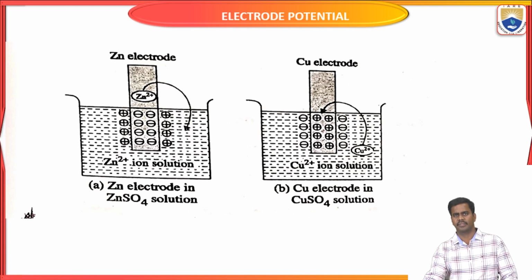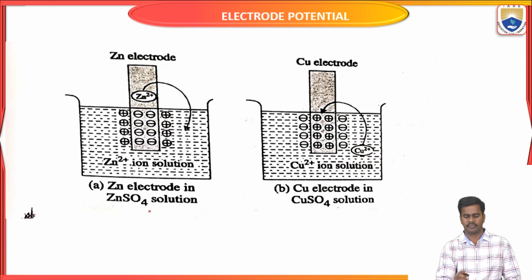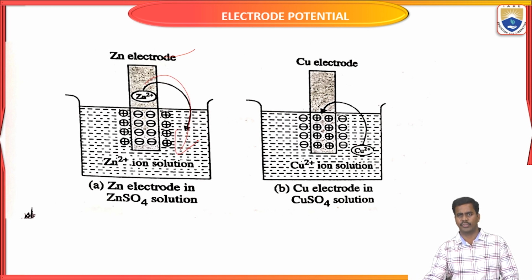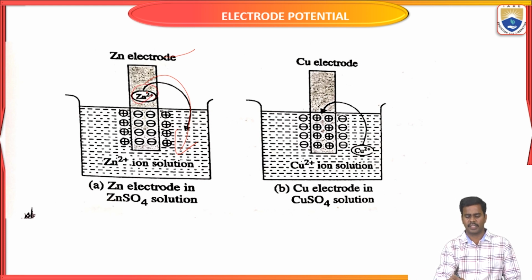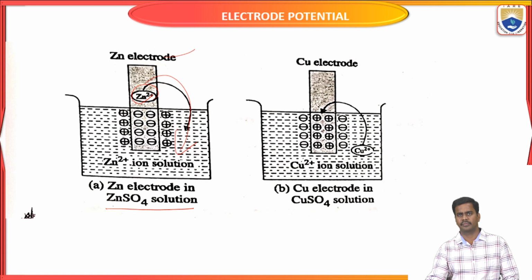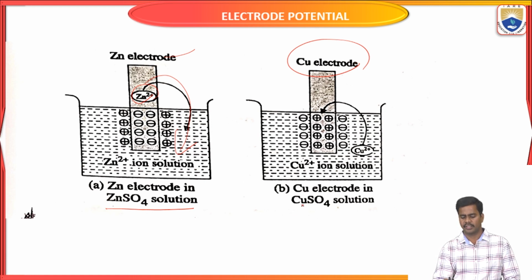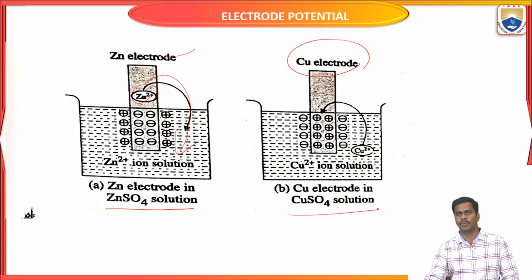Here, look at it. By seeing the diagrams, we can simply understand the potentials of electrodes. Here, I am going to take a zinc electrode dipped into its own salt solution, that is ZnSO4 solution. In the second diagram, a copper electrode is placed into its own solution, that is copper sulfate solution.